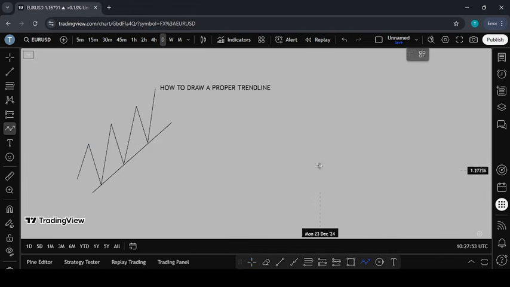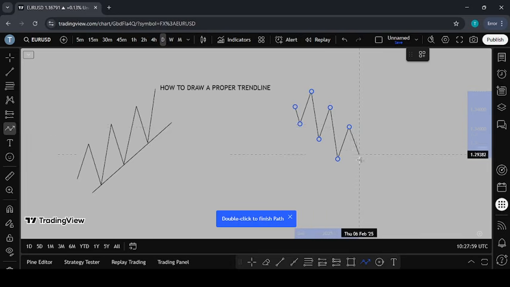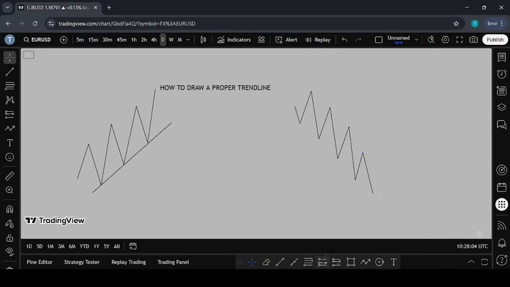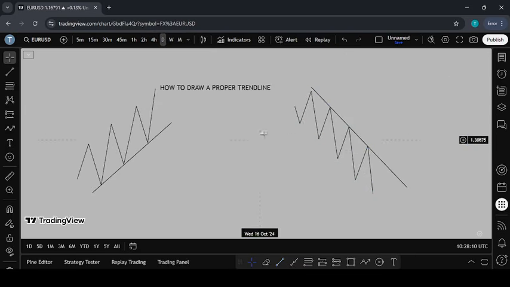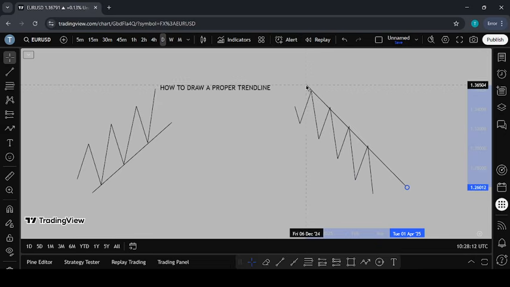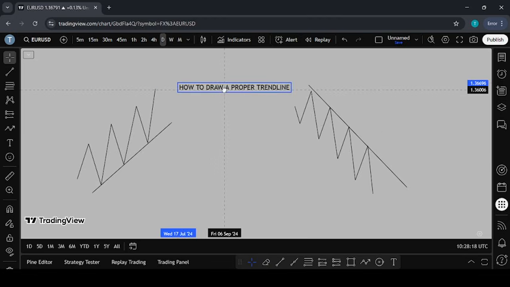Same thing with a downtrend, when the market is creating a series of lower highs and lower lows. A line that guides this series of lower highs and lower lows going down is called the trend line. Beautiful. So it must be in a trend. Now there are several characteristics in drawing a proper trend line.